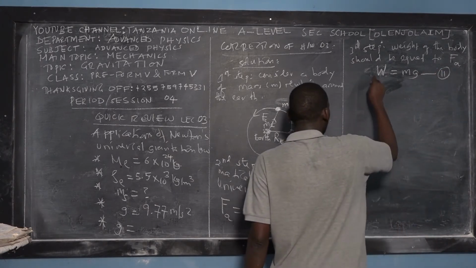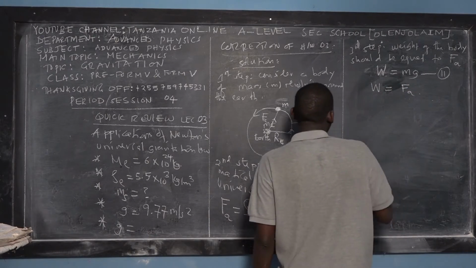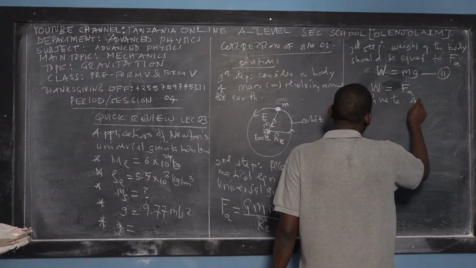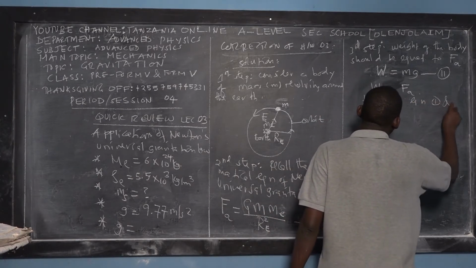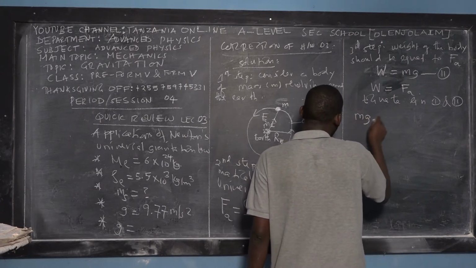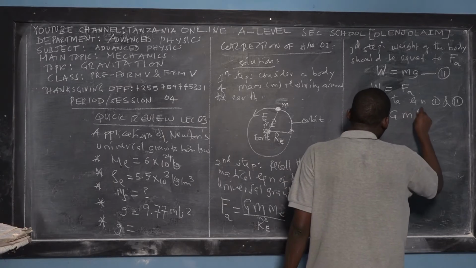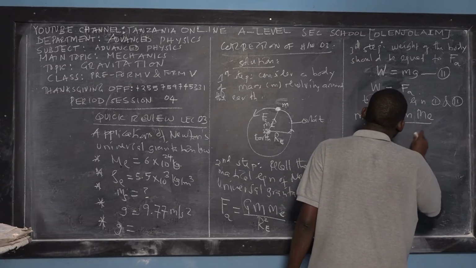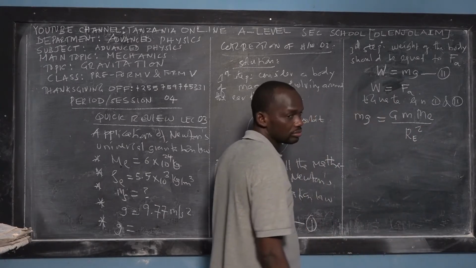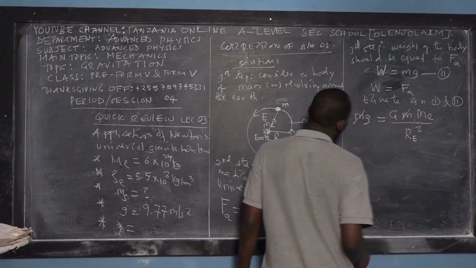So from this condition that the weight of the body should be equal to the force of attraction, it means that we equate equation 1 and equation 2. So if you equate, we get mass of the body times gravity equals the gravitational constant, the mass of the body, then mass of the S over radius of the S squared. Then the mass of the body cancels.